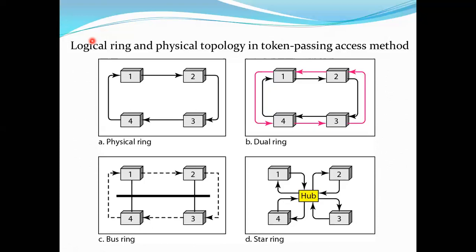It circulates through the ring. The possession of the token gives the station the right to access the channel and send its data. When the station has no more data to send, it releases the token immediately.